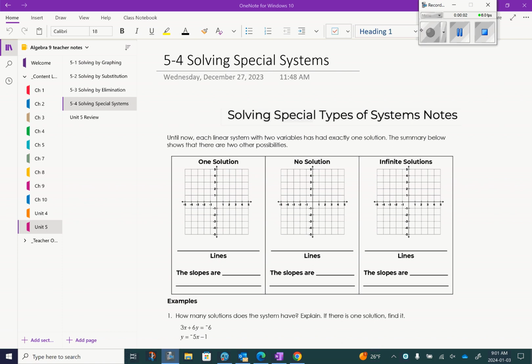Okay, we're going to take a look at the last section of new material here in Unit 5, solving special systems. So to just recap, we're looking at a system of two equations. When you graph them, those equations are lines, and we're looking for the point of intersection.